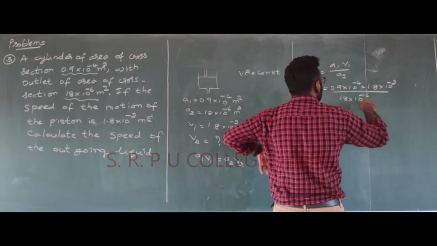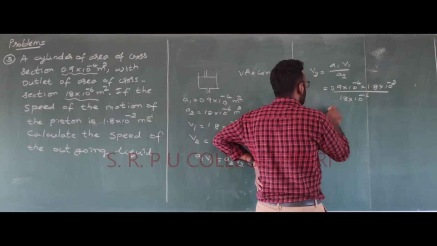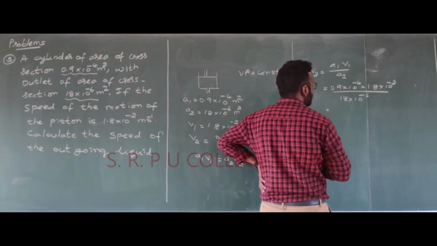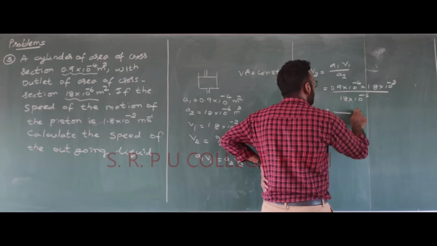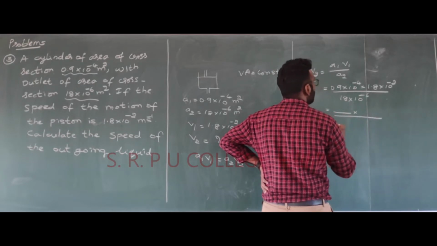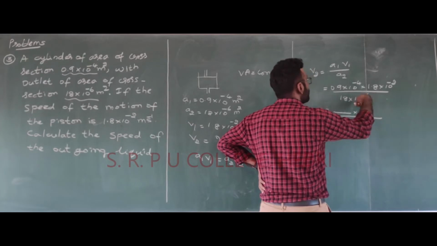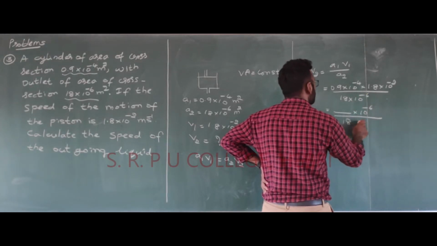You have numerator and denominator both having 10 to the power 6, so we can cancel it on the denominator.